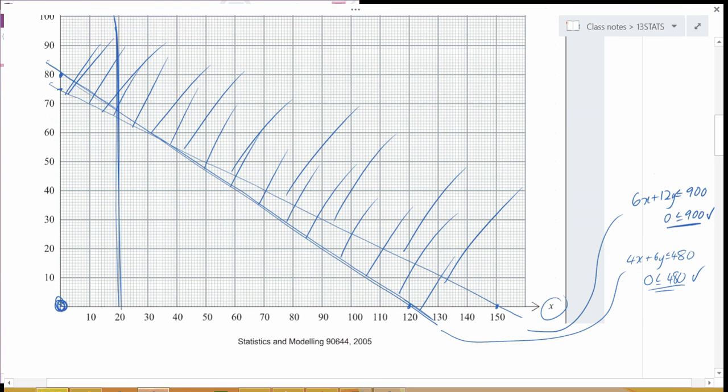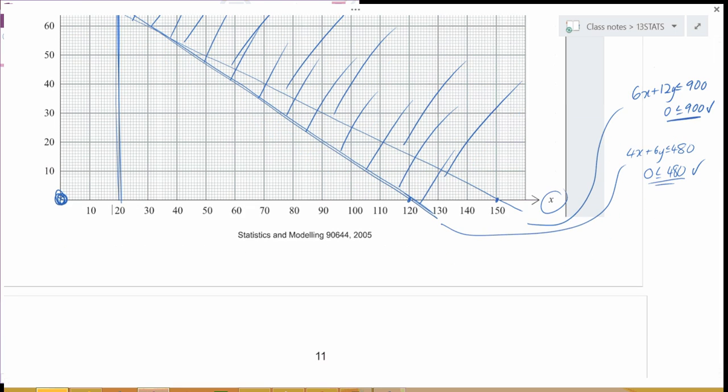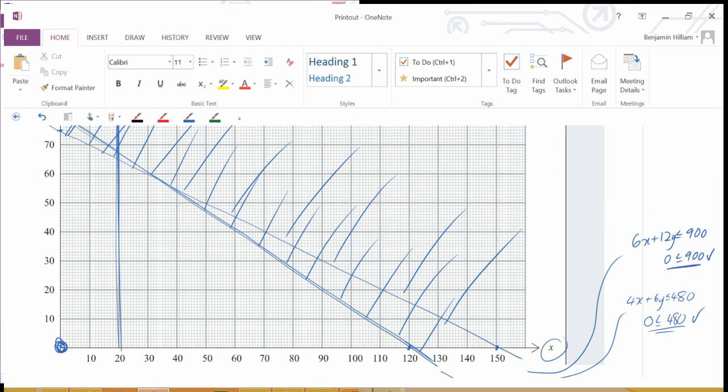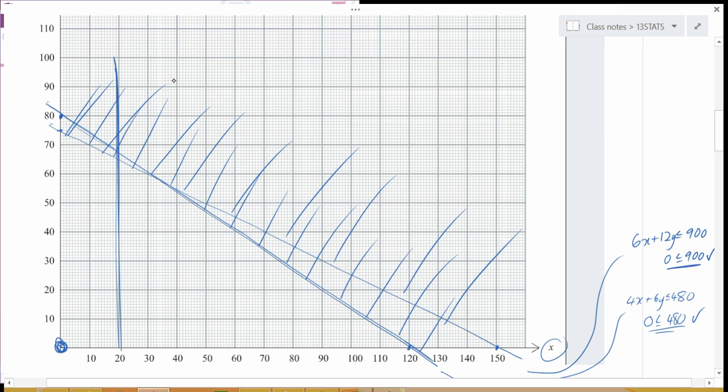And we'll need another line at 60. Okay, here's my 60. Okay, and same for y, I need one line at 20.